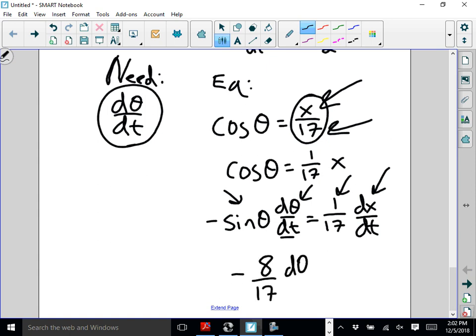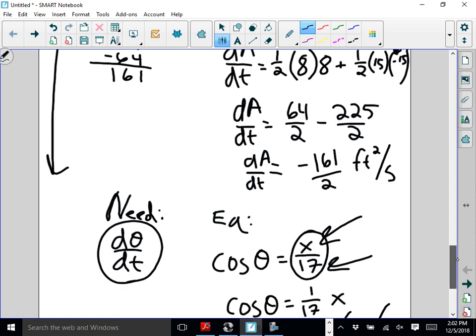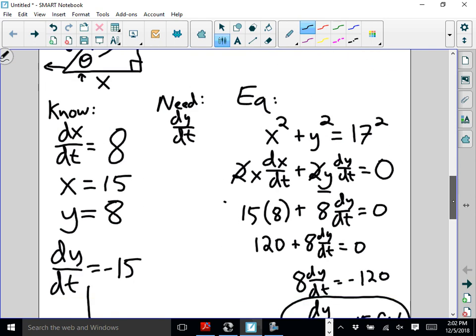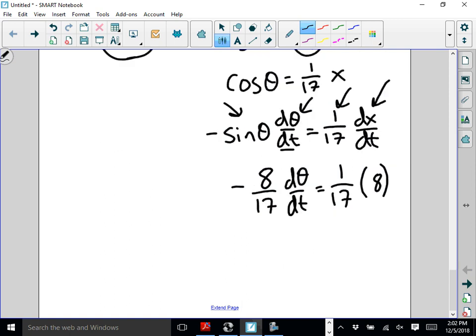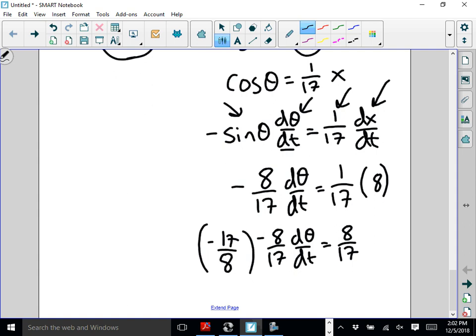equals 1 over 17 times dx dt. Well, dx dt was 8. So simplifying that, I get negative 8/17 d theta dt equals 8/17. Now to get d theta dt alone, I'm going to multiply both sides by the reciprocal of my d theta dt coefficient.